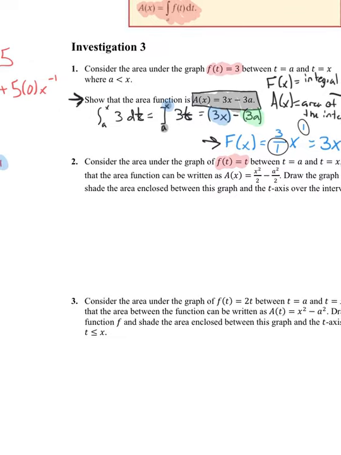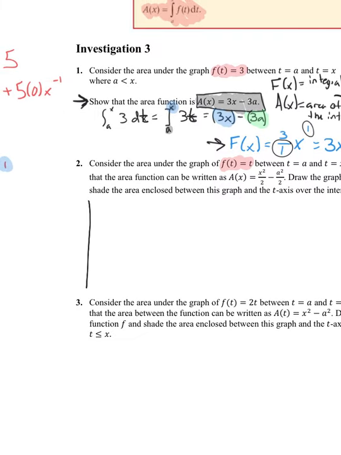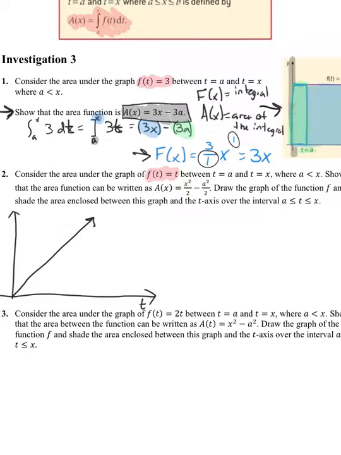So if I were to graph this, and say this is my f of t, or my y-axis, and this is my t-axis, we're going to draw a straight line, linear function, that's just going straight up, right? The slope is 1, f of t equals t.